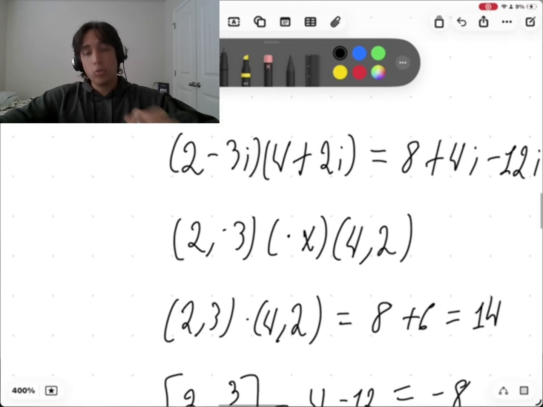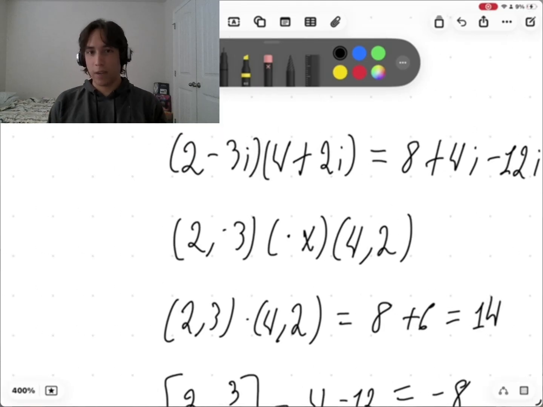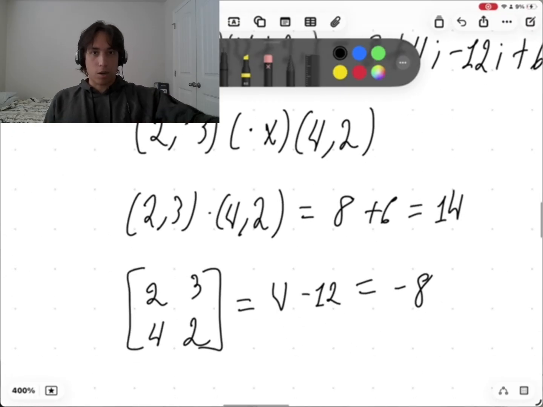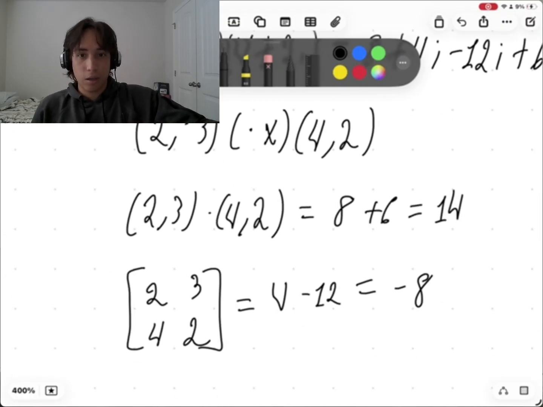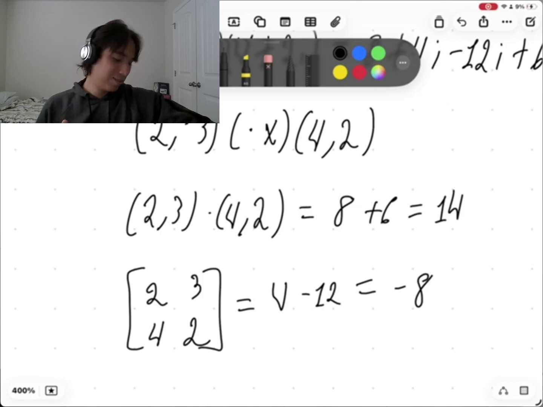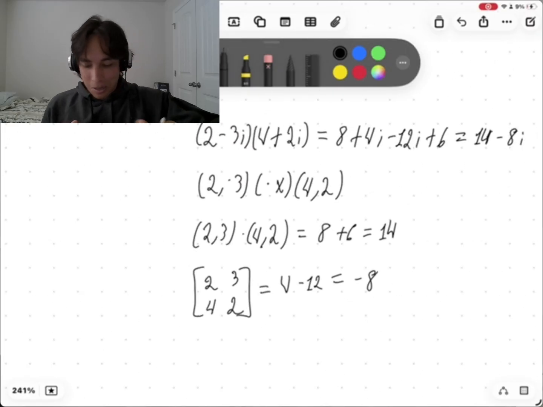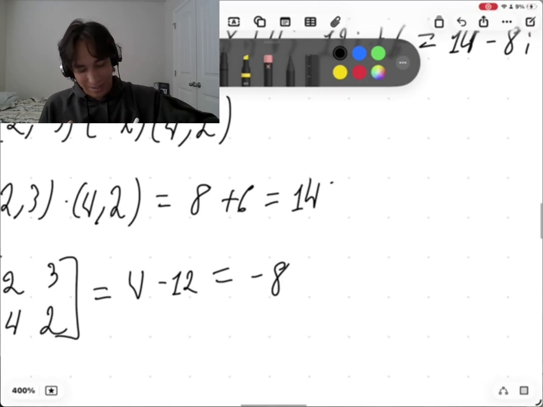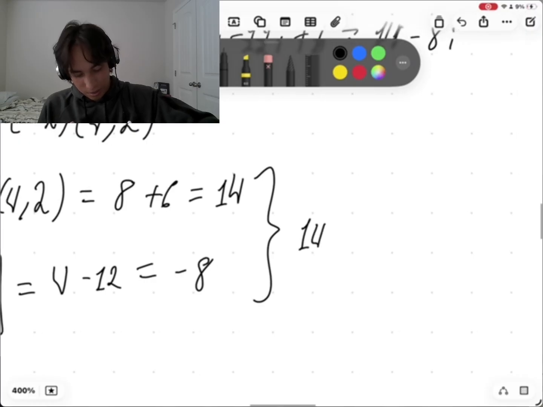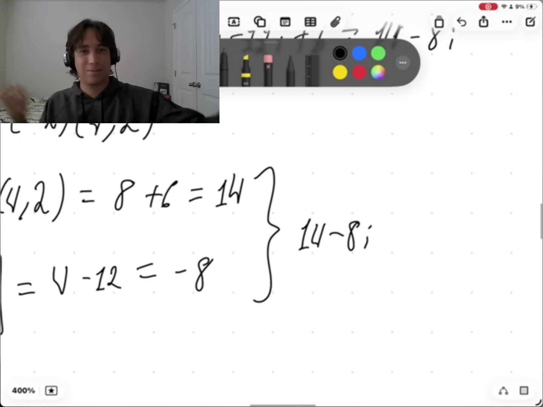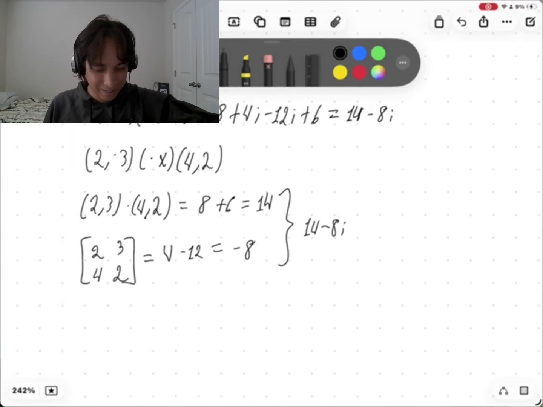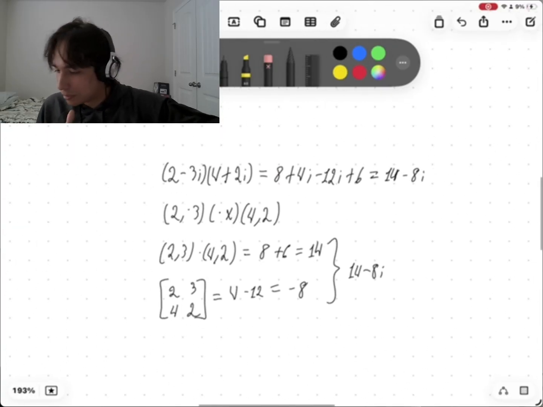For multiplying, if we want to treat them as vectors, to get the multiplication of the complex numbers, you can get the real part of the multiplication by doing the dot product, and getting the imaginary part by doing the cross product. What? What? And this is 14 minus 8i. Wow.